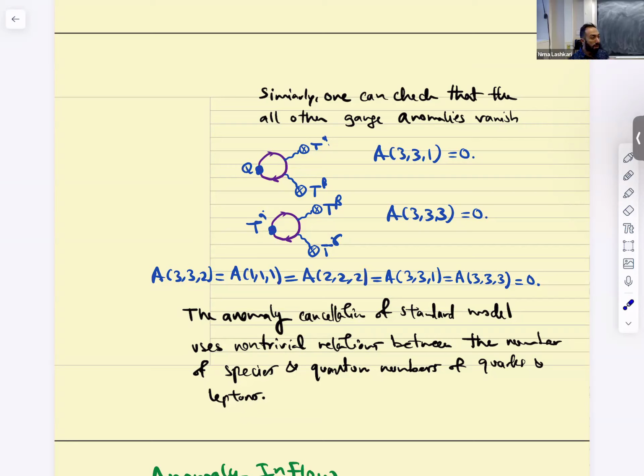Is it very important physically? What's the importance of global anomalies? Absolutely, they're very, very important. Let's go back to the principles of quantum field theory.